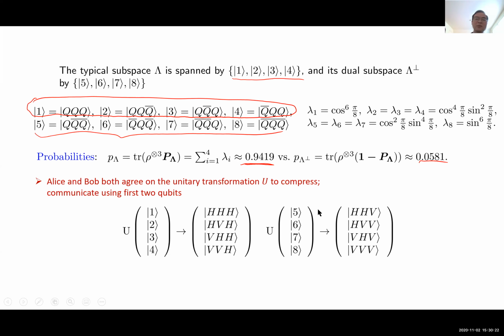The idea is that I want the last bit to always be H. So H will be an indicator of the typical subspace, and V is the indicator of the atypical subspace.